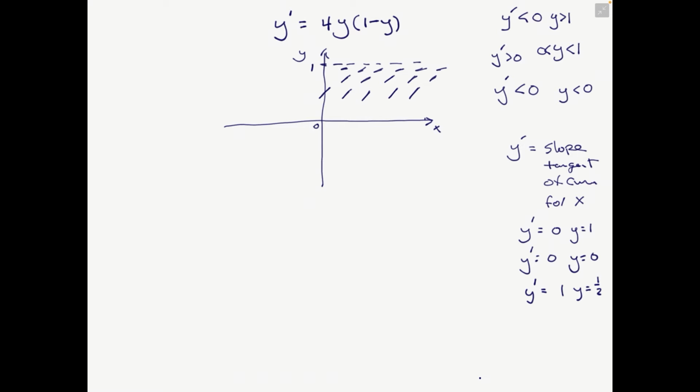I'm not the best artist, so please forgive me. And again, it does. And remember, it's always positive in that region between 0 and 1, but it flattens out towards 0. So we get this S shape.